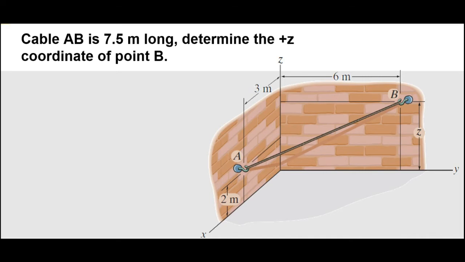We can define the cable AB as starting or originating at A and terminating at B. That can be a force that goes from A to B, and then to define it we need the coordinates of A and the coordinates of B, and then we can define that force vector knowing the magnitude of that force.